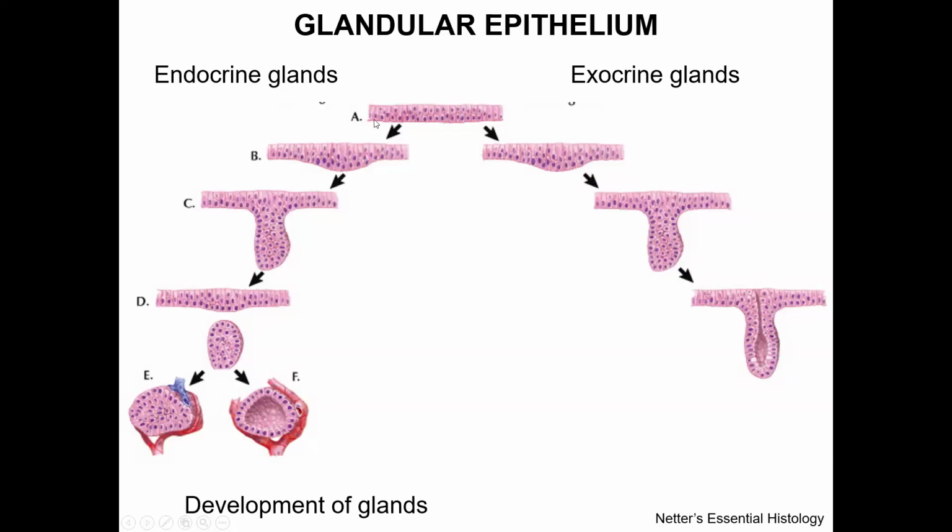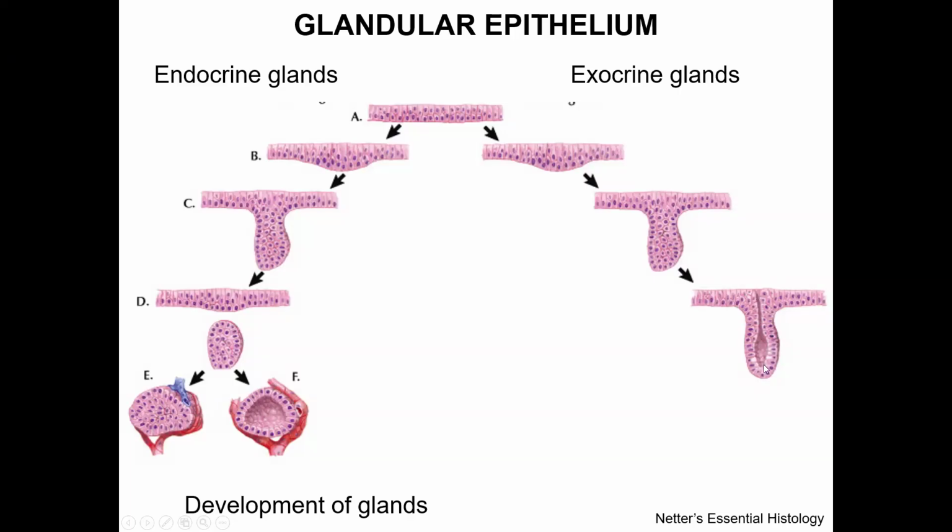You have to imagine, let's say that this is a stratified epithelium, and during embryonic and fetal development, cells in a region of this epithelium start dividing, and they multiply, and they sort of penetrate outside of the epithelial lining and generate, at some point, a cavity.